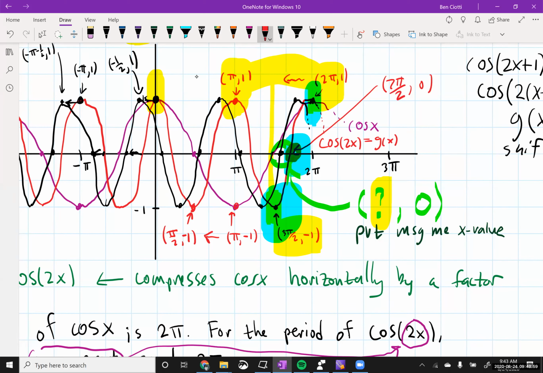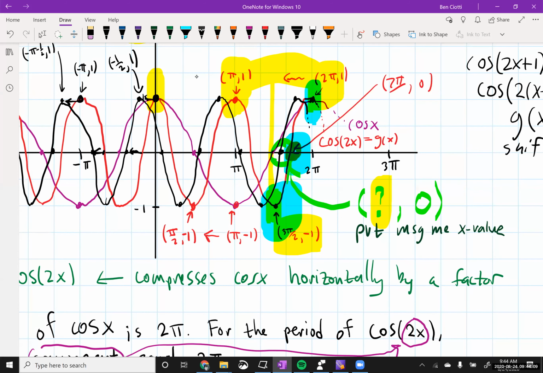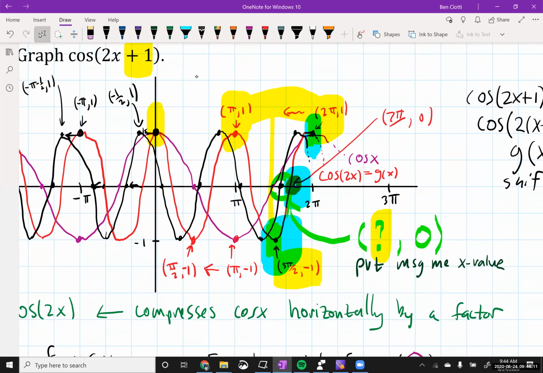Excuse me, that's wrong. 7 pi over 4 is what I meant to say. That's exactly halfway between 3 pi over 2 and 2 pi.